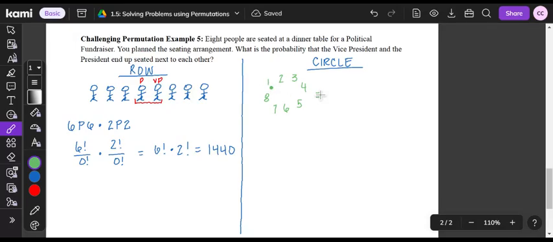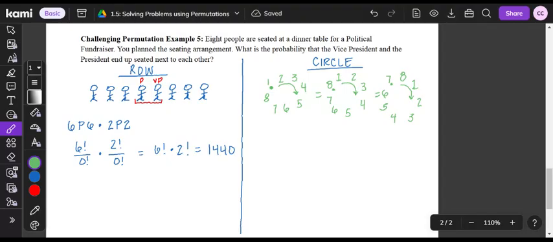This is the same as this arrangement here, and the same as this arrangement here. So if you pay close attention, I'm still highlighting that top left chair, and all I'm doing is rotating everyone around 1 seat, okay? Those are all the same arrangement because all the same people are sitting next to each other. They've all just rotated 1 seat. So I don't treat those as different.